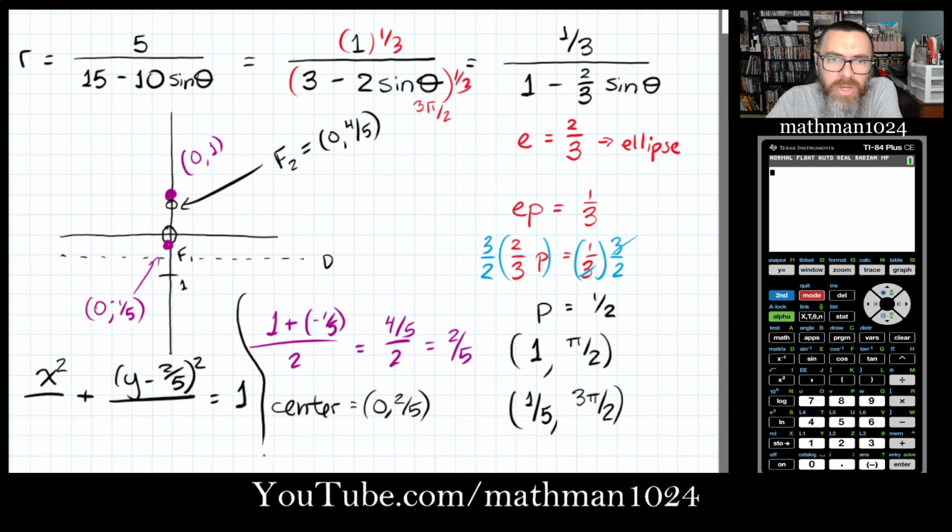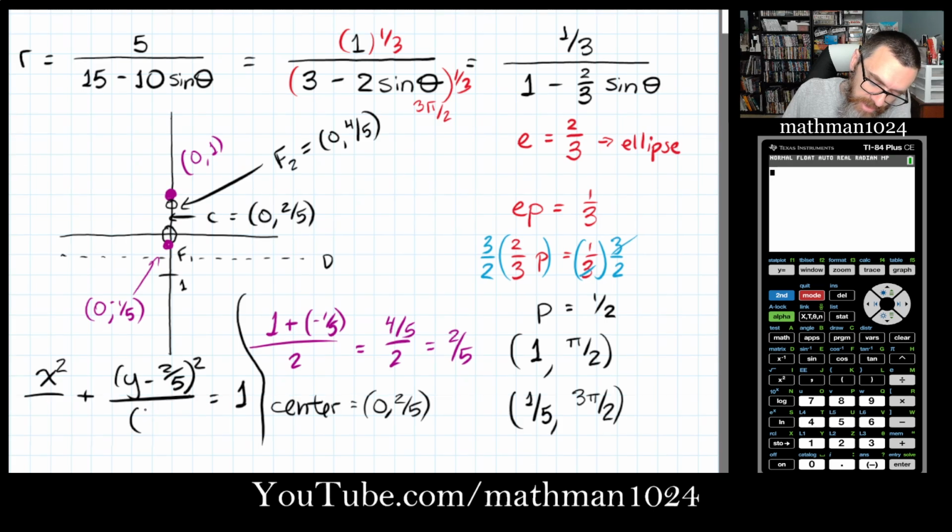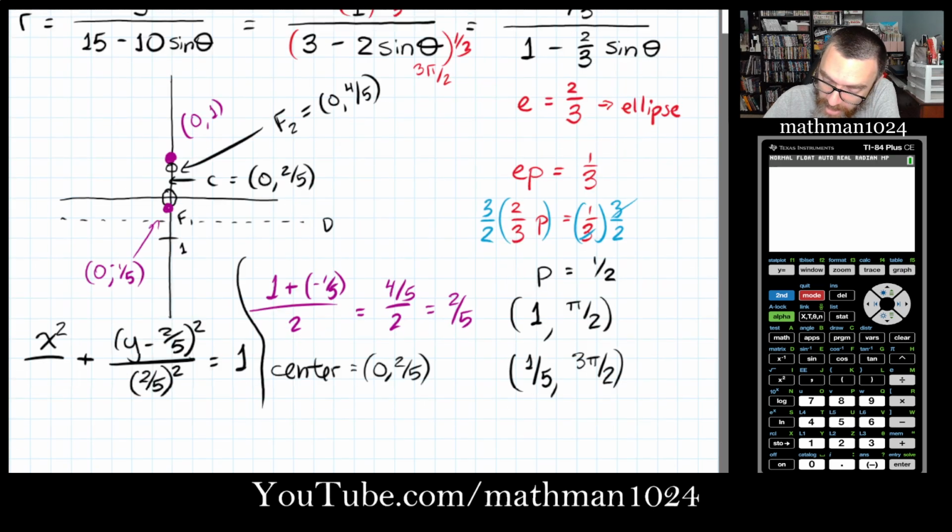Okay, so we know the center, and we know the distance from the center to one of the foci is going to be 2/5, right? Because we have the center right here is 0, 2/5, and to go from there to the focus is 2/5. We're stretching the y direction, and so that means that we would have our a value is 2/5 squared. What about the x value? Okay, well, we're going to do a little bit of work on that, but I think we can manage.